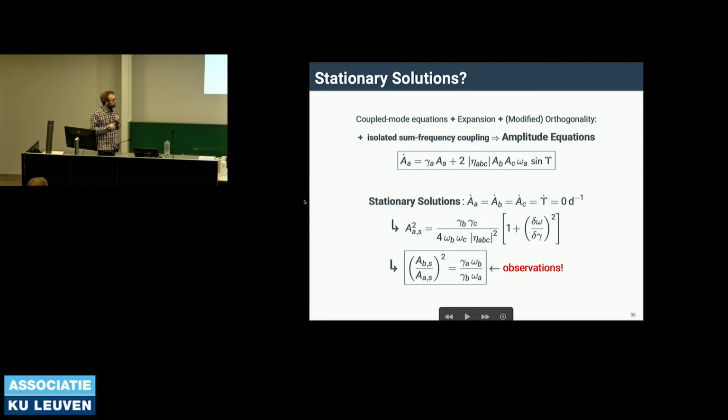So when you set these to 0, you can then analytically derive a form for determining the amplitude of these specific modes for a specific case of stationary solutions.